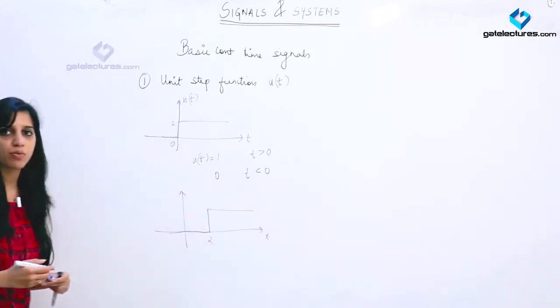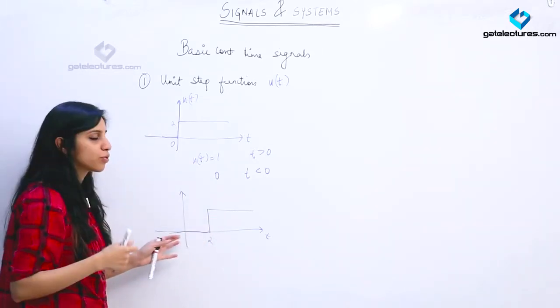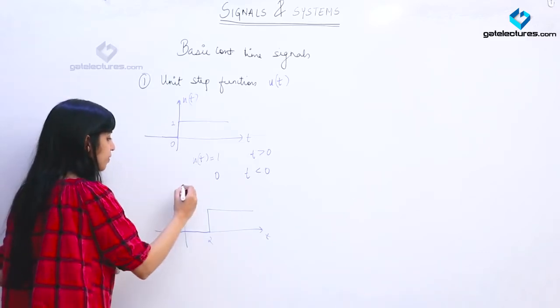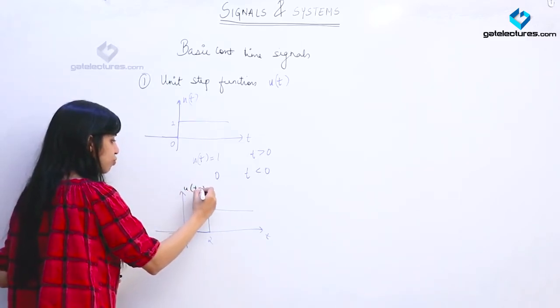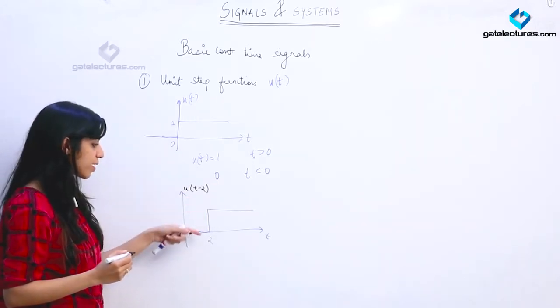Then after t is equal to 2, this function has value 1, and before t is equal to 2 the function has value 0. So this function is known as u(t minus 2). This function has been right shifted by 2 units.